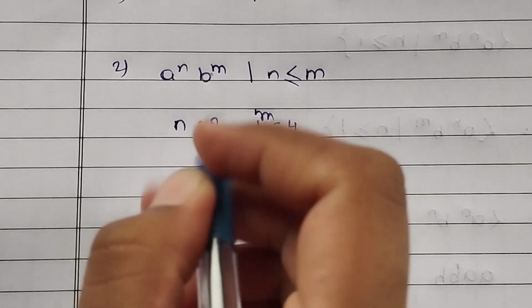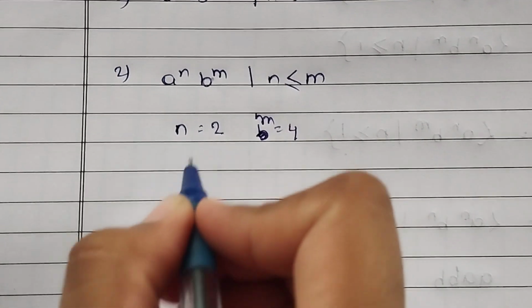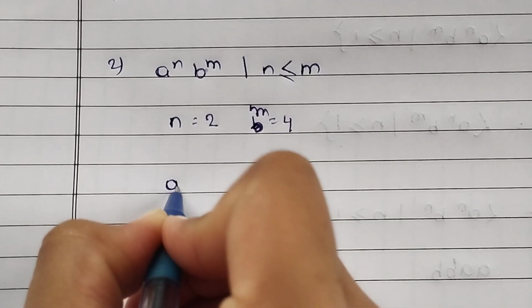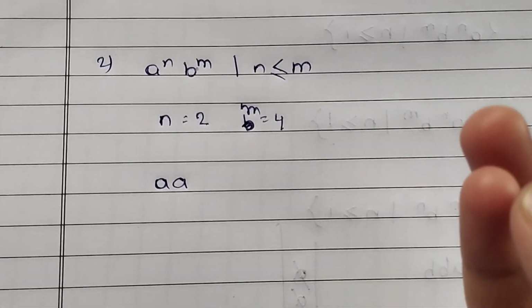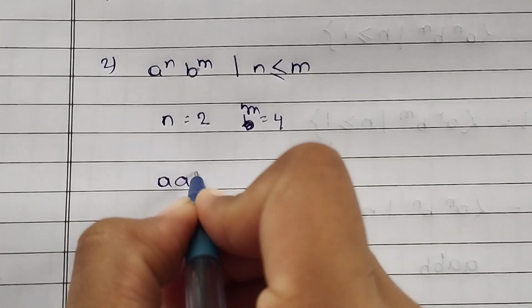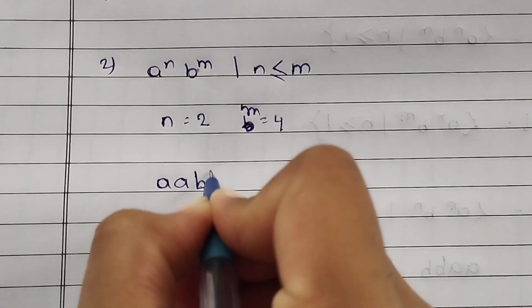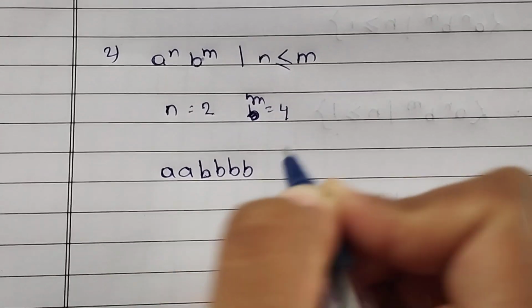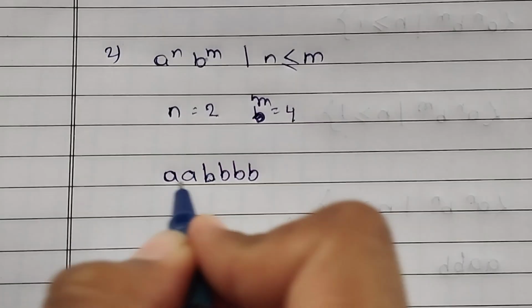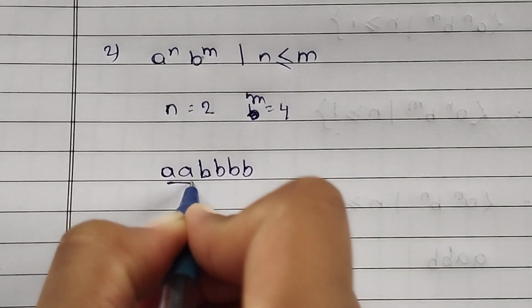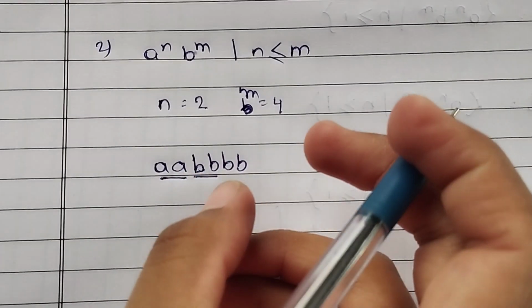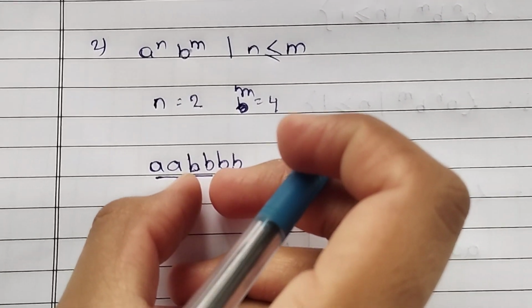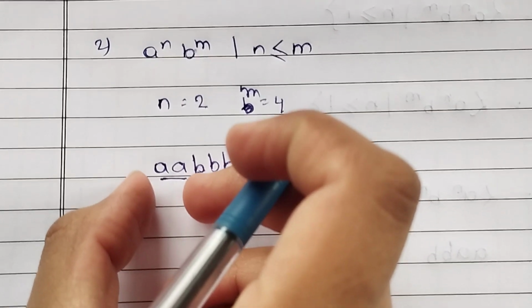The string is a raised to 2 because n is equal to 2, so a a, and b raised to 4. It can be 5, 10, anything. So b raised to 4 means 4 b's: 1, 2, 3 and 4. This is the string. Now for these two a's we pop these two a's: when we read these two b's, at that time we pop these two a's.